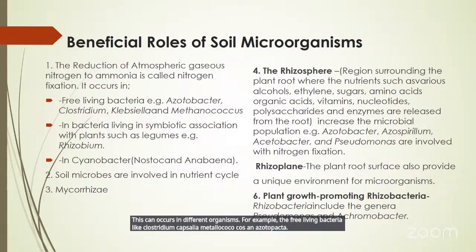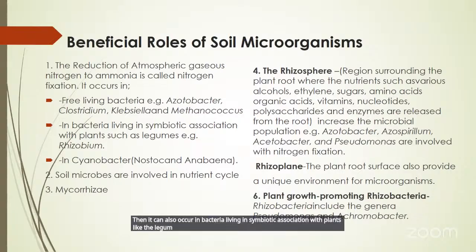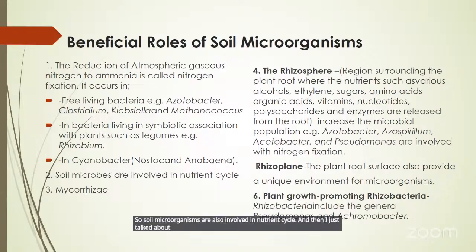Then it can also occur in bacteria living in symbiotic association with plants like the leguminous plants. For example, an organism called Rhizobium. Then it can take place in cyanobacteria, the Nostoc and the Anabaena. So soil microorganisms are also involved in the nutrient cycle. And then I just talked about the mycorrhiza, the relationship between the plant roots and some fungi.